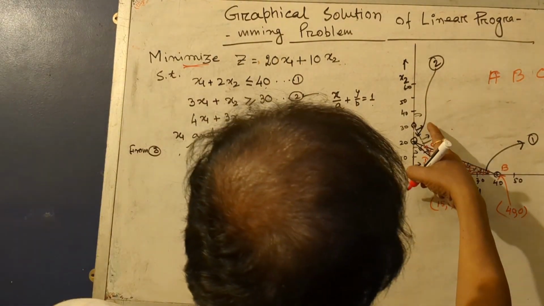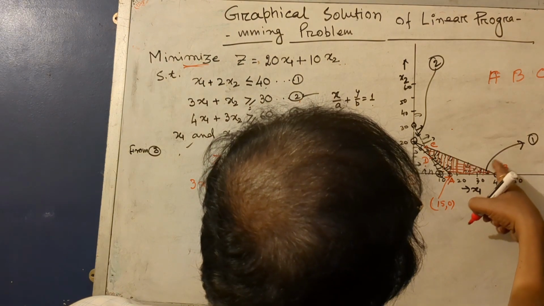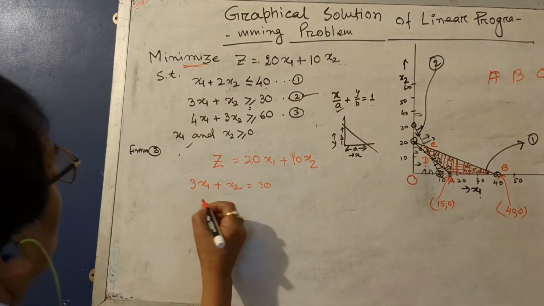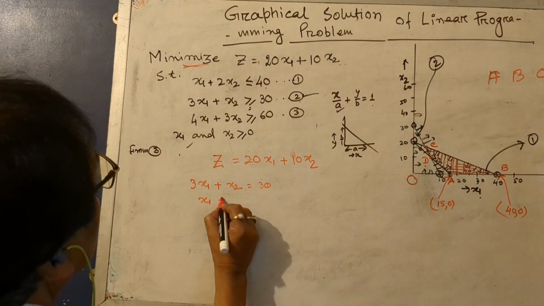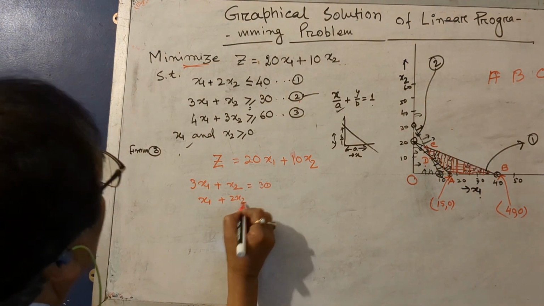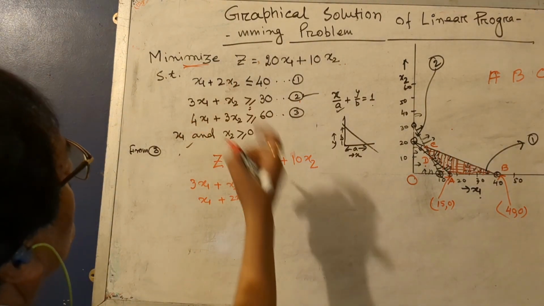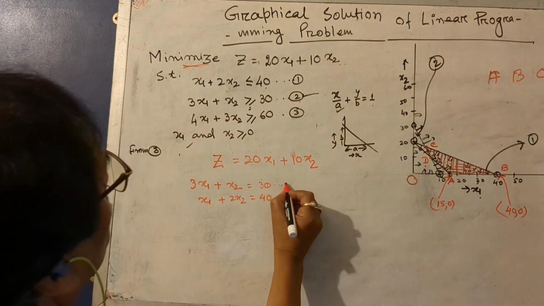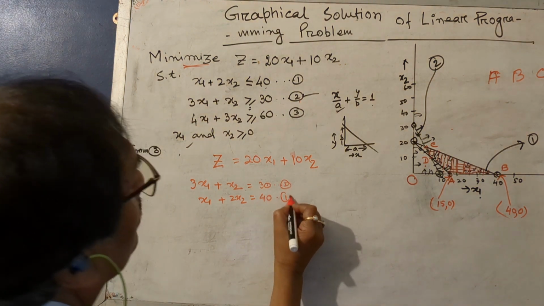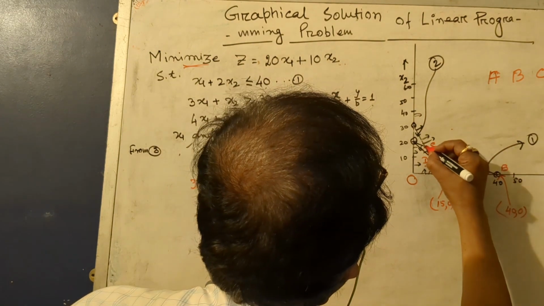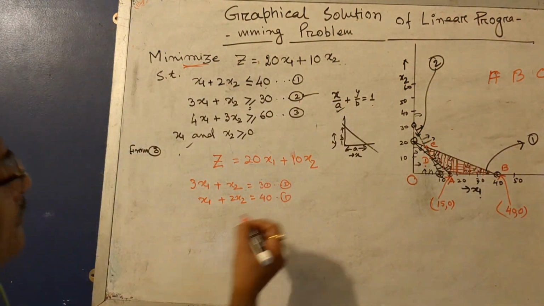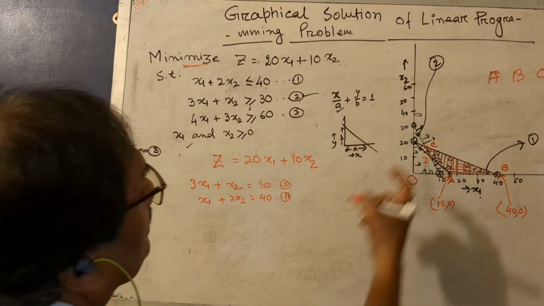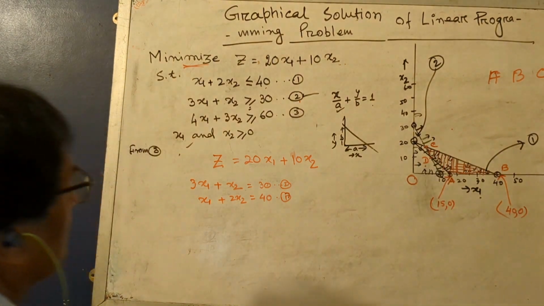And equation 1 is x1 plus 2x2 is equal to 40. These two cut at this point, that's why if we solve these two equations, then you will get the coordinate of C.